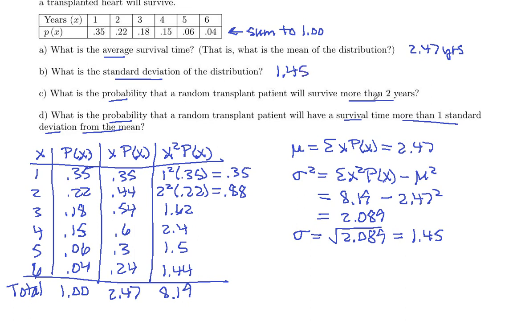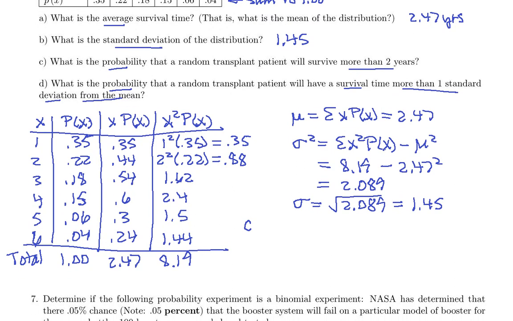Probability a random transplant will survive more than 2 years. So for part C here, this is A, this is B. So probability that the survival time x is greater than 2. Well, if x is greater than 2, then it's 3, 4, 5, or 6.